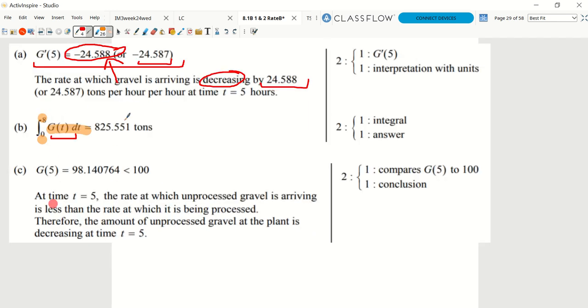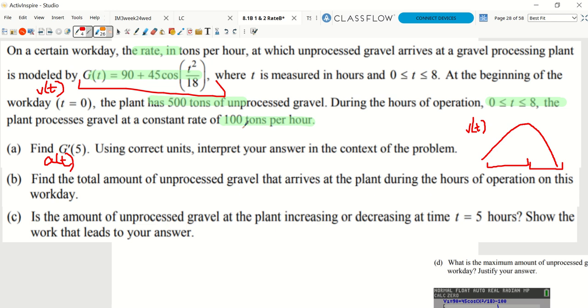Now, how come you don't add the initial amount? How come we don't care about the 100 in this case? Because it's the net change. It's how much arrived, not how much total. If it asks for total, then you've got to add 100. We good?